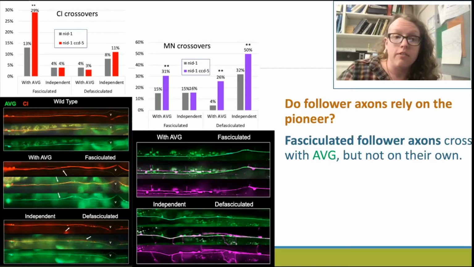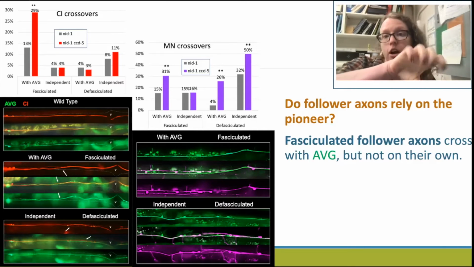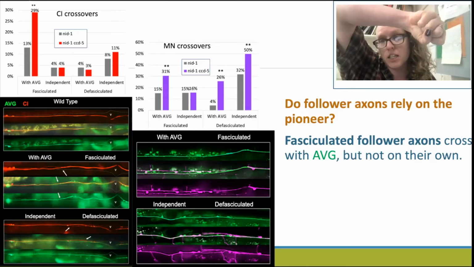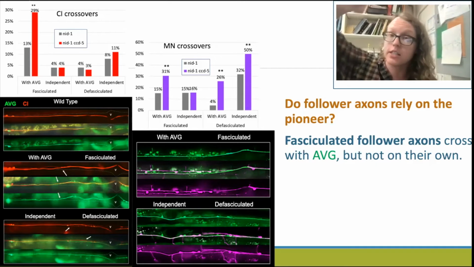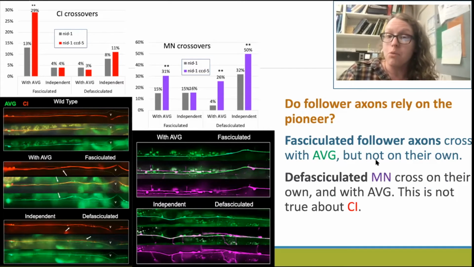If the follower axons are all fasciculated to each other, they're also going to stick to the ABG. And if the ABG crosses, they're going to cross too. However, the motor neurons cross on their own, with and without ABG. And that's different. That's not true about command interneurons.